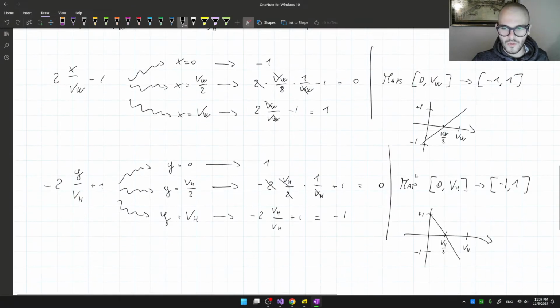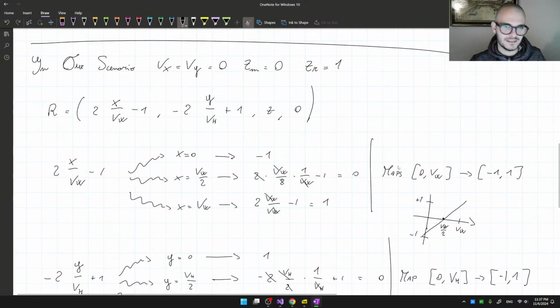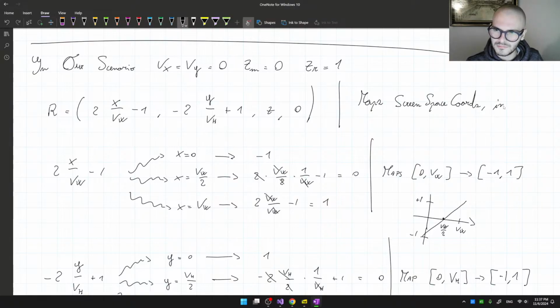The Z, it's just the Z. Okay, so this thing right here is just a mapping that maps screen space into normalized device coordinates with the W component set to 0.